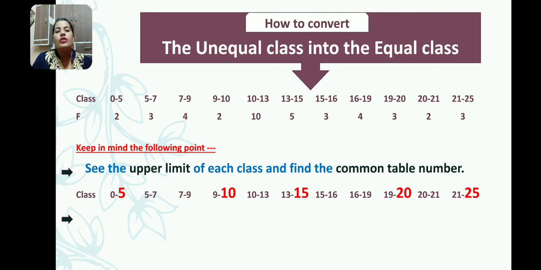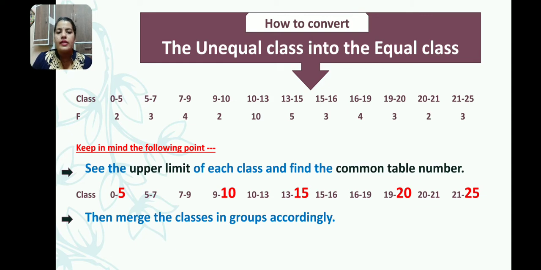So think about it: if you merge some classes, then you will find the equal classes here. So under the unequal class distribution, you have to merge some classes with their respective frequencies.